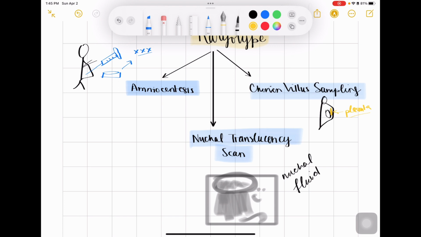And so what they do is they take a needle, I think, and they go into the part of the placenta where the baby is linked to, and they take a part of the placenta out. This is the baby part of the placenta, which I believe is called the chorion, which is why it's called chorion villus sampling. And they test for it. They do the karyotype and they see if it has Down syndrome.